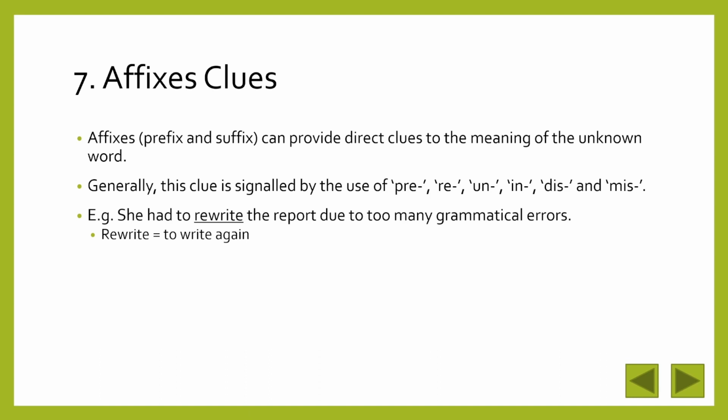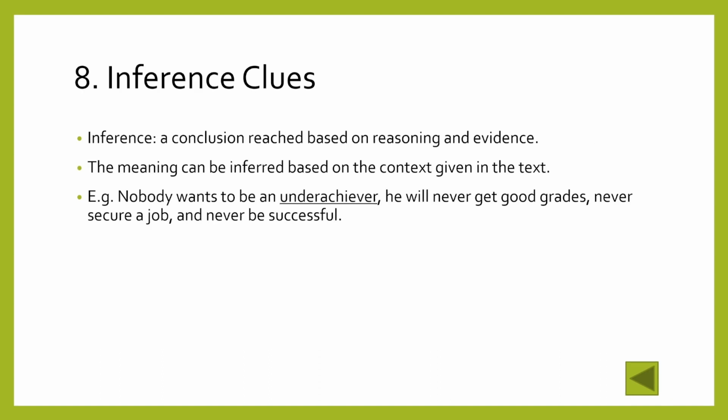So the meaning is to write again. That is how they use prefixes to let you understand the meaning of the word. You understand the word write, and then you understand the concept of re, which means to repeat. So that is why rewrite means to write again. Prefixes and suffixes, those are affixes clues.